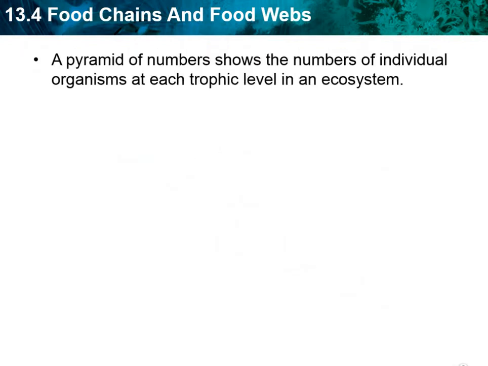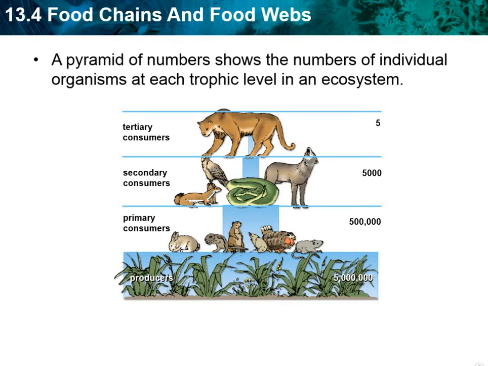Another way of looking at it would be what's known as a pyramid of numbers. A pyramid of numbers shows the actual number of organisms at each one of those trophic levels. Once again, if you look here, you'll see that there are 5 million producers, 500,000 primary consumers, 5,000 secondary consumers, and 5 tertiary consumers.